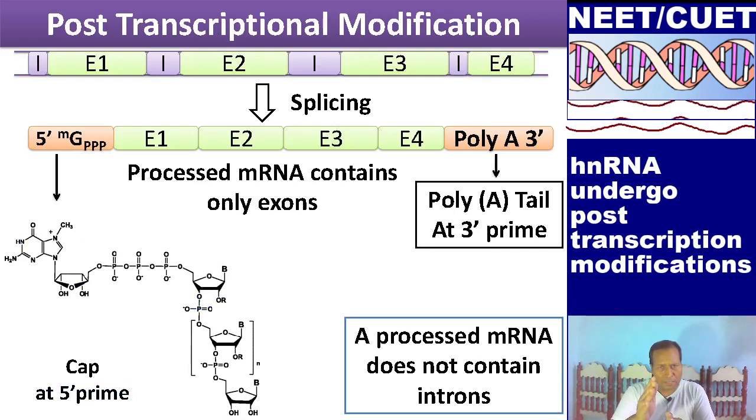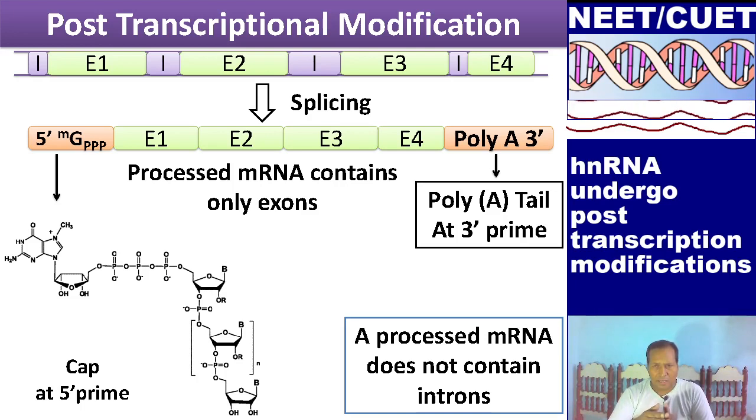So look at this slide. You can see a newly transcribed hnRNA contains intron and exon, alternately arranged. As we know, intron is the non-coding sequence which is not required in protein synthesis.